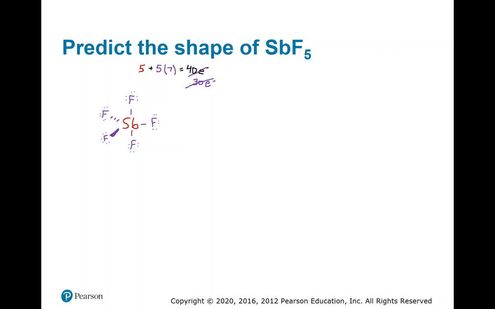Now in terms of charge clouds, we have 5 fluorine atoms and no lone pairs, so that's 5 charge clouds in total.